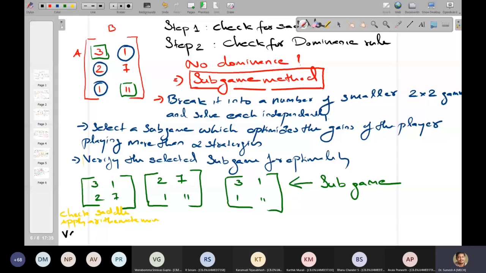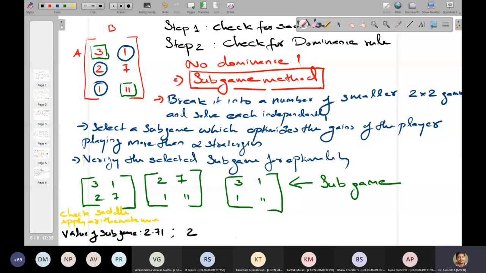For the second, a saddle exists, and the value of the subgame is the saddle point, which is 2. So the value for the second subgame is 2. The value for the third subgame, I think, is 2.67.